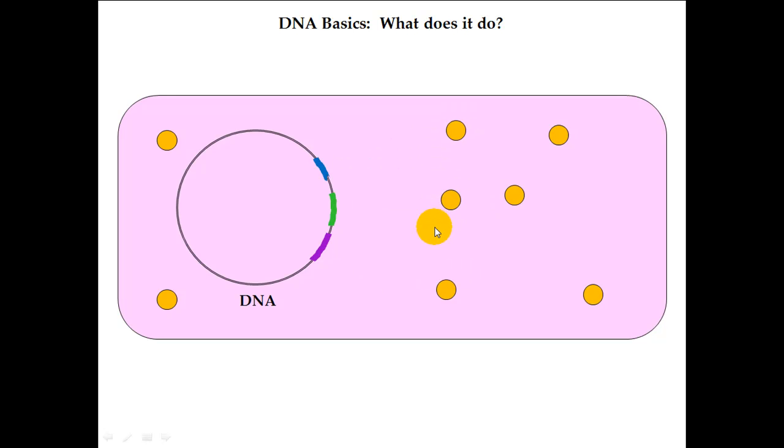So if a cell is going to make a protein, the first thing that happens is that the information on that DNA is used to make something called the messenger RNA. And basically, I see that messenger RNA as a cheap copy of the DNA. They both do the same thing, except that messenger RNA can go over to the ribosome. And once it's there, the information that's found within that messenger RNA then is used to tell the cell how to make the corresponding protein.